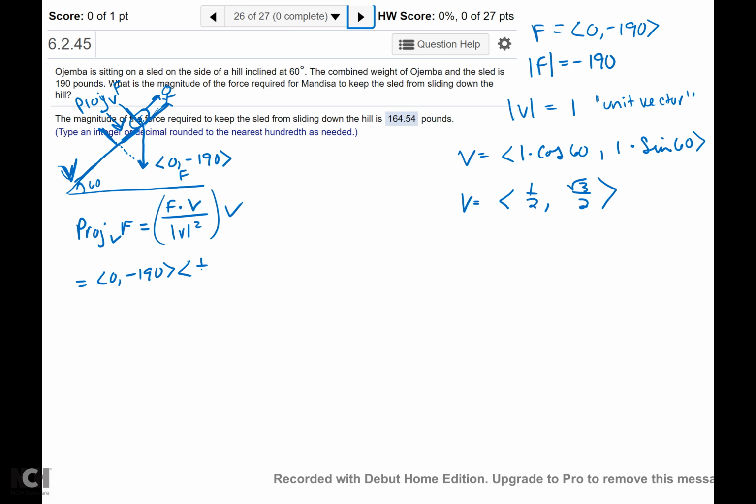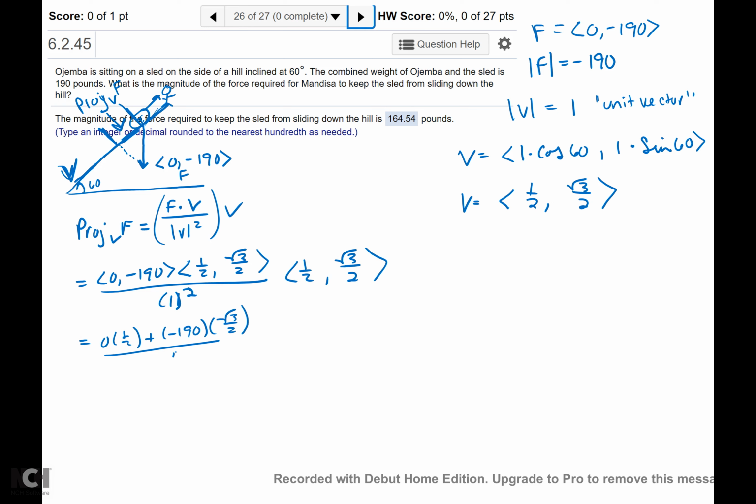My V is 1/2 and the square root of 3 over 2, all over my magnitude, which is 1 squared, times 1/2, square root of 3 over 2. So if I clean this up, I get 0 times 1/2 plus negative 190 times the square root of 3 over 2, all over 1 times 1/2, square root of 3 over 2.